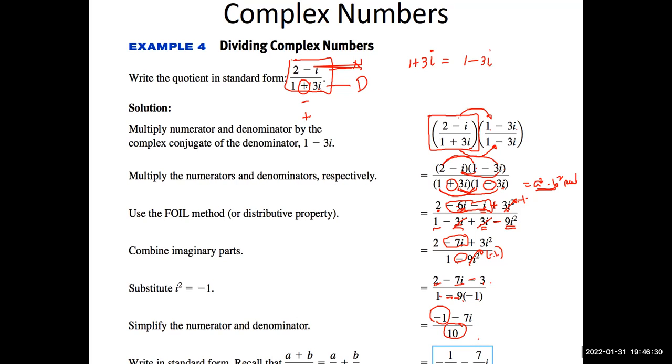And then to write it in standard form, that will now be -1 over 10, minus 7 over 10i. So this will now be the result in standard form.